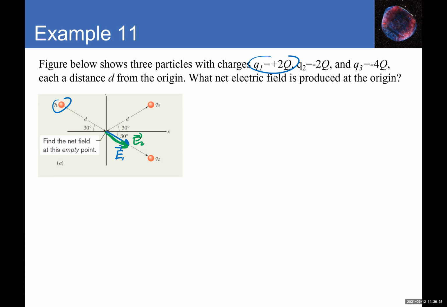Now, why am I making them both the same length? Because this is 2Q and this is negative 2Q, so they have the same magnitude, and both have the same distance d with respect to that point. That means they produce the same strength electric field, and even the same direction because of their specific configuration. Now, Q3 is negative 4Q, which means it's a little bit stronger, and since it is negative, there's an electric field toward Q3.